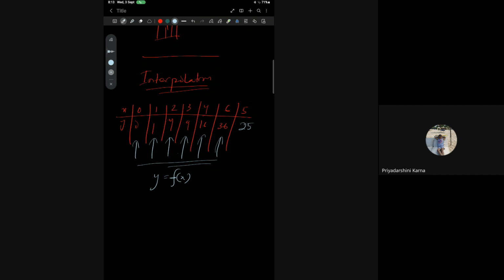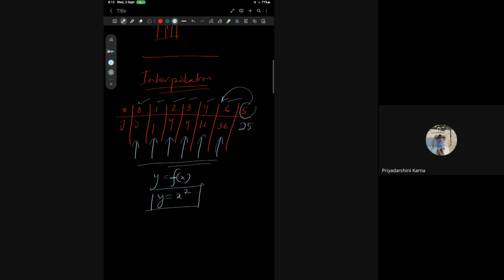And you found it is possibly y is equal to x square. So if I have got 0, 1, 2, 3, 4, 6, when I take a middle point, 5, which comes in between 4 and 6, then obviously I assume that it will follow the same rule. Y is equal to x square, isn't it?